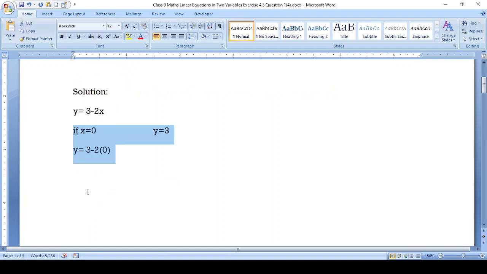Similarly, we can do this for different points. Let me give this a different color, and we do the same for x = 1. We place 1 here as the value of x. So 2 into 1 is 2, and 3 minus 2 is 1. When x is 1, y is also 1.